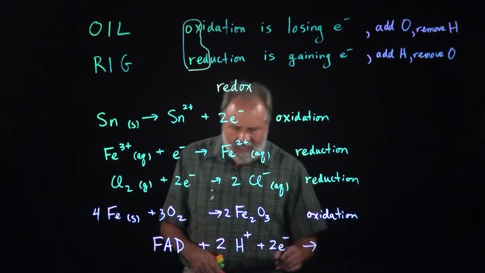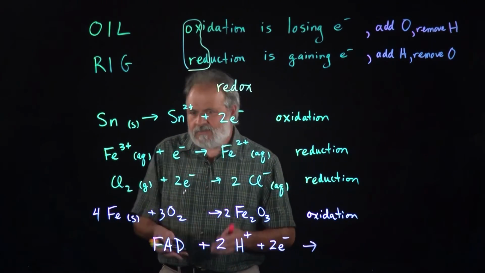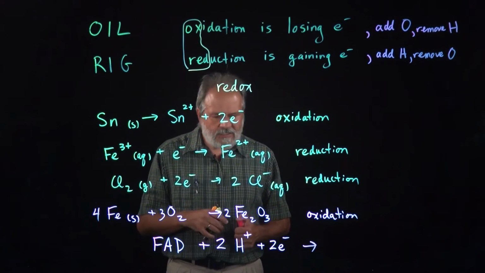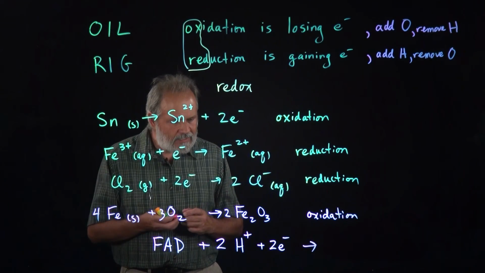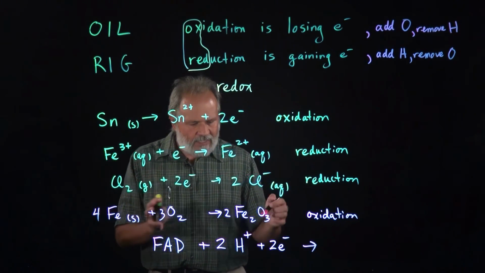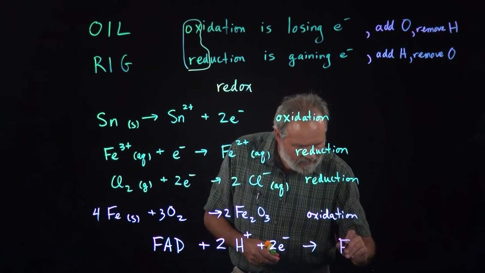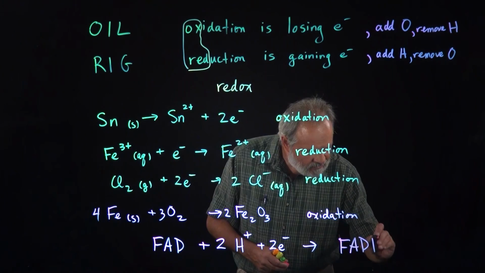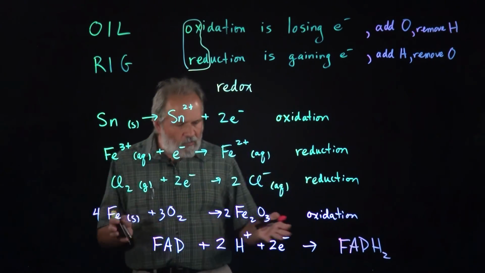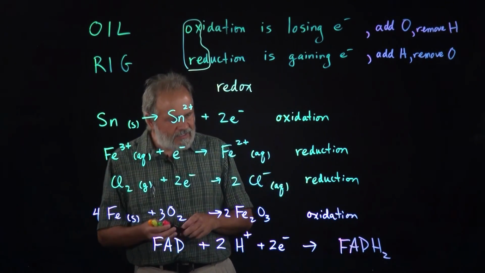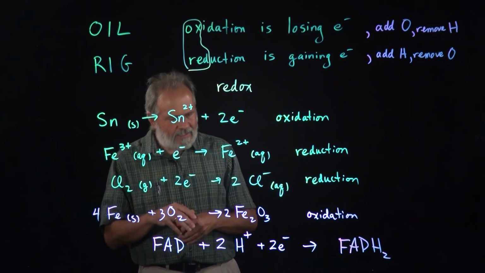So it's like adding 2 hydrogen atoms, okay? So in your body is H+. That's basically coming from acidic conditions. Electrons will be coming from various chemical reactions in the body. And if you take these and an FAD, you get a molecule with 2 extra hydrogens on there. And so the abbreviation for the reduced form of this is called FADH2 because now we've added 2 hydrogen atoms to this flavin adenine dinucleotide.